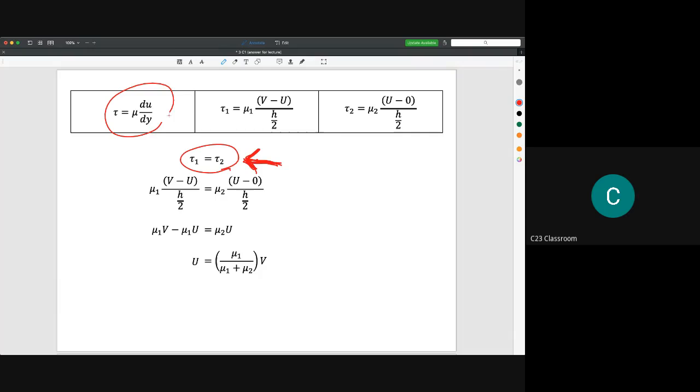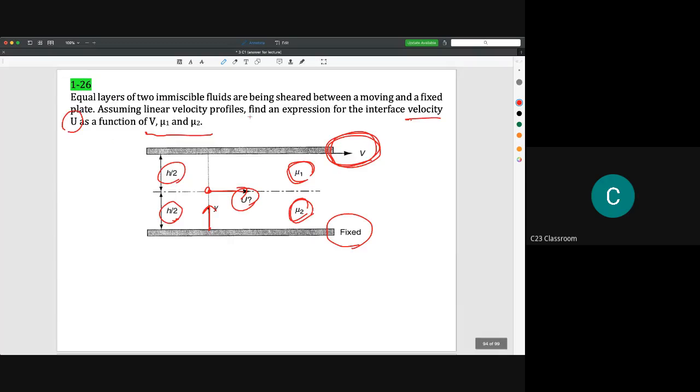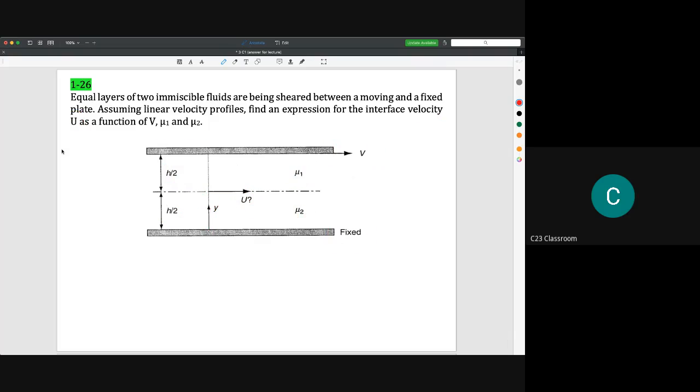We know that the shear stress equation is tau is equal to mu du/dy, and then we could write the shear stress for fluid 1 as mu1 (v minus u) over h/2, because according to this diagram the velocity at the center point is equal to u.